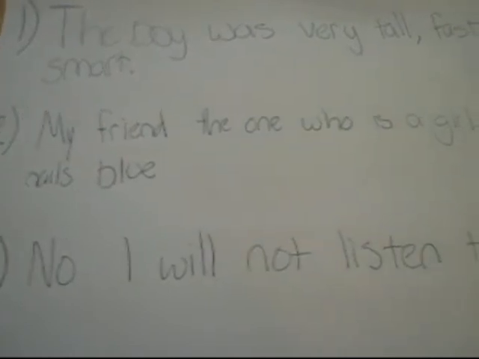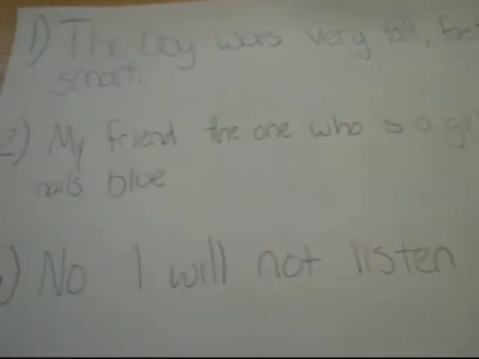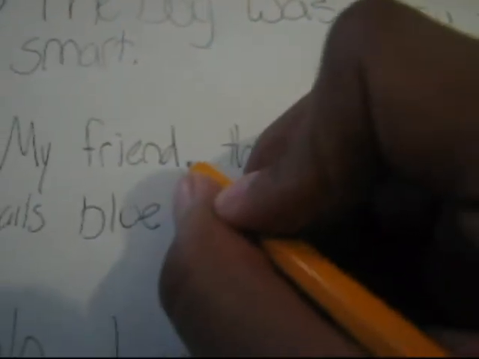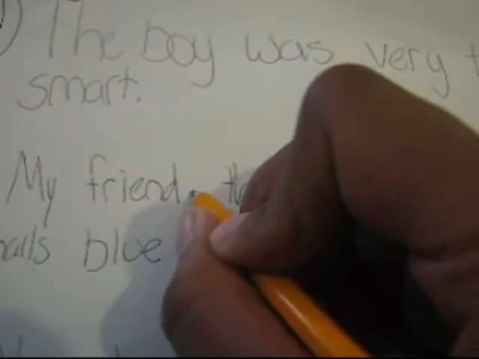The second sentence. My friend, the one who is a girl, painted her nails blue. We need a comma after the D in friend. And a comma after the L in girl. And we also need a period.